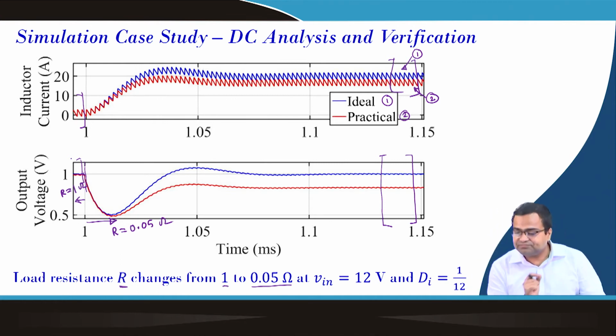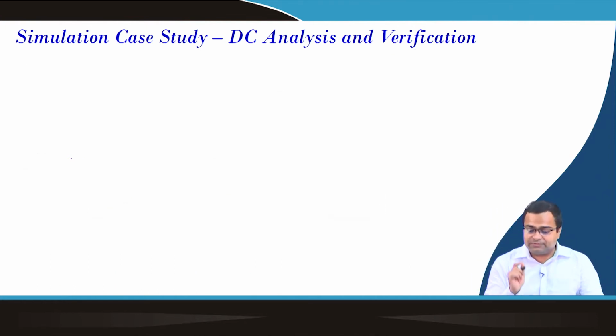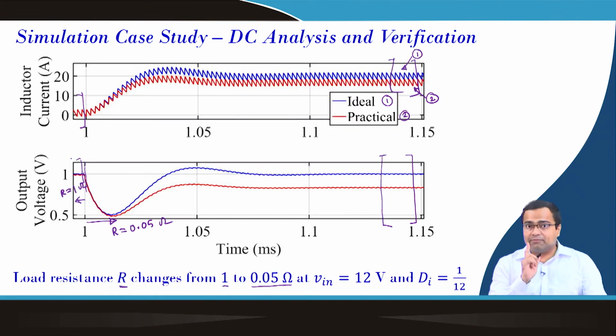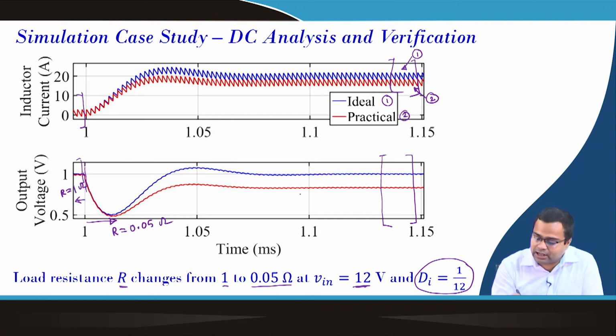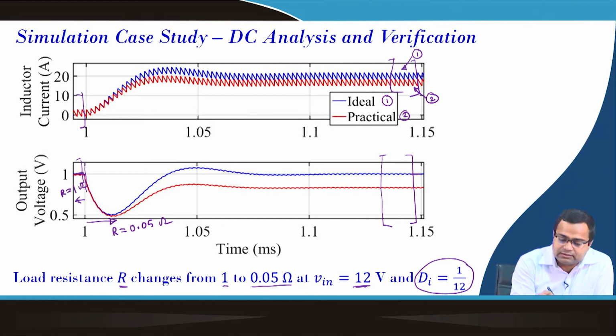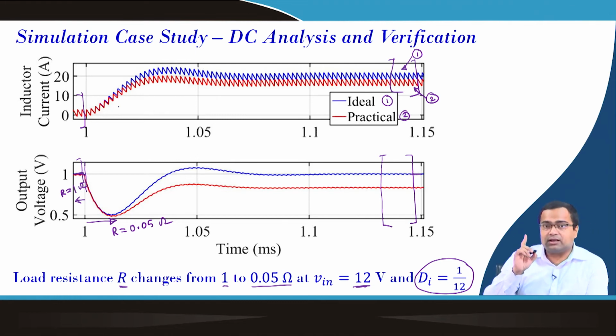What we will find? Firstly, our objective is to achieve 1 volt output for 12 volt input, and that is why I said the ideal duty should be 1 by 12. But you will find for the ideal condition the output is actually coming to 1 volt in the average sense, and for 0.05 ohm load resistance, what will be the load current?